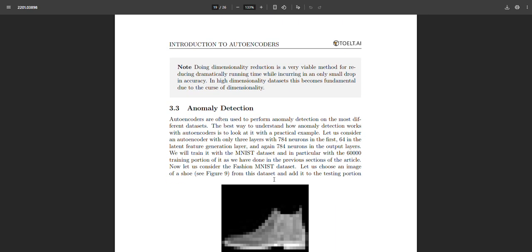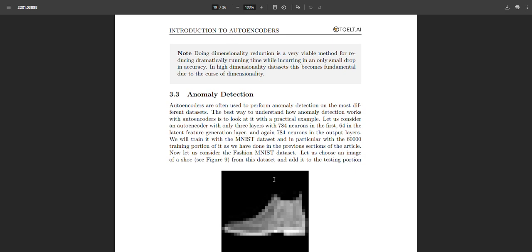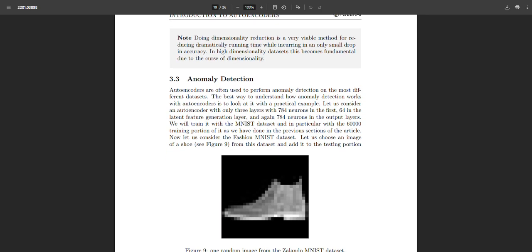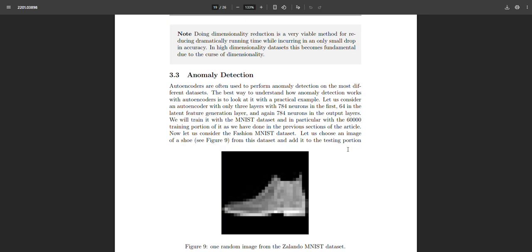The final and most intriguing application of the autoencoder is anomaly identification. This is where the reconstruction error we discussed earlier becomes our primary tool. The core idea is simple. Train the autoencoder exclusively on normal, non-anomalous data. Since the model has only seen normal examples, it learns to reconstruct them very well, resulting in a low reconstruction error.